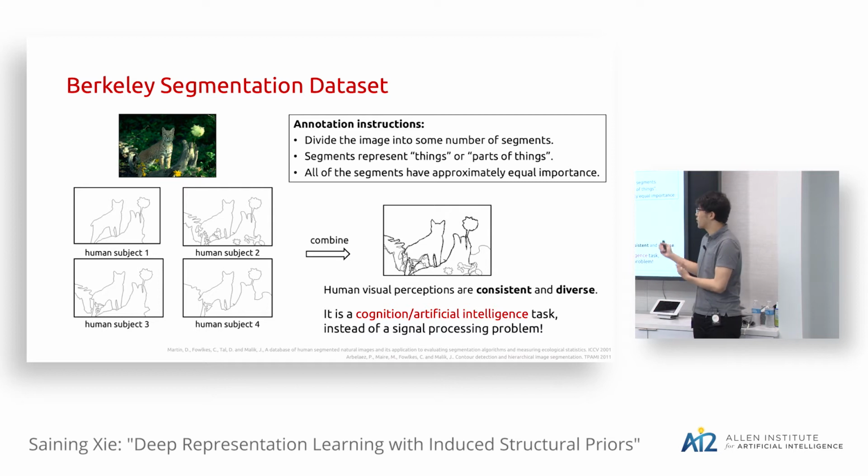That's why the Berkeley segmentation dataset is really important here, because all the ground truths are labeled by multiple subjects, and they are purely based on what a human will perceive as an edge in a lab environment. So we don't really tell why, but of course it makes sense if you look at the annotation instructions, right?